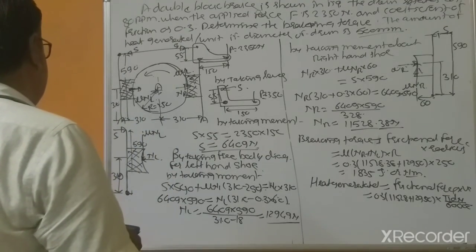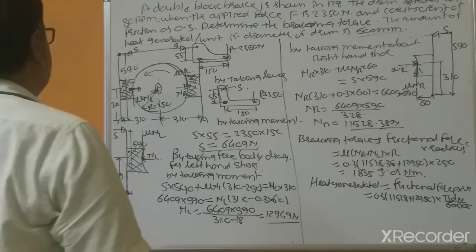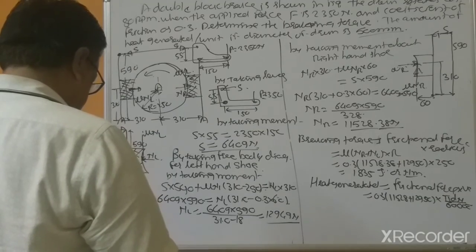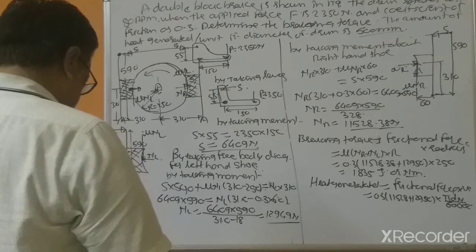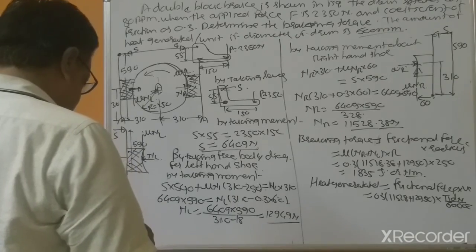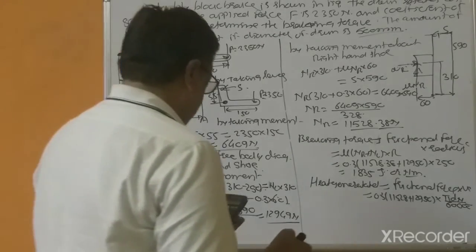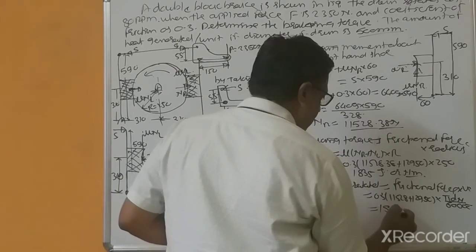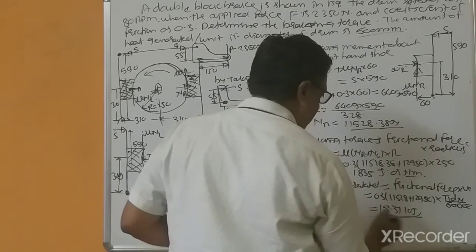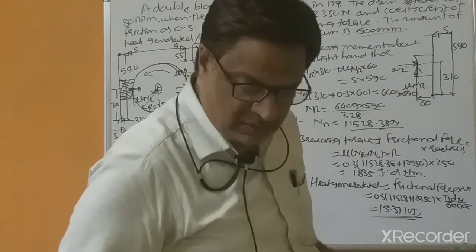RPM required 80 divided by 60,000. So this is 15.37 kilo joule, right.